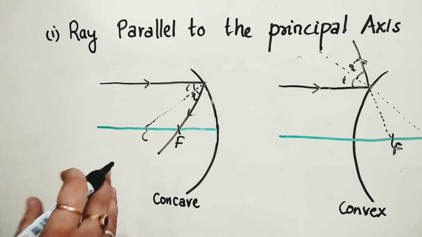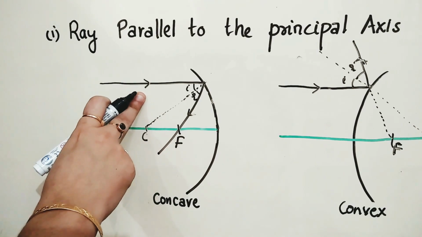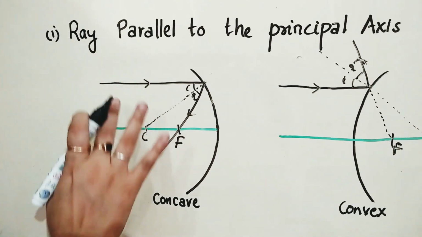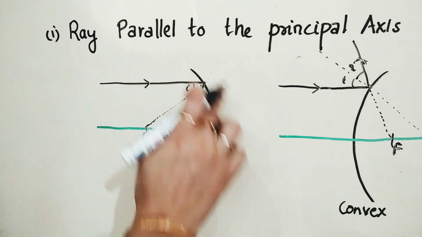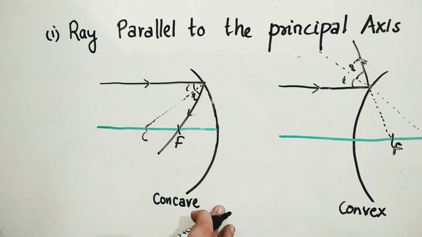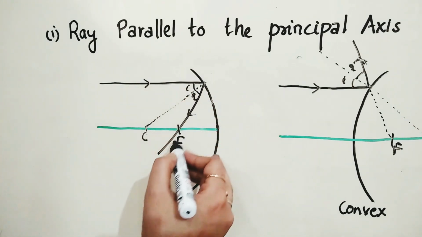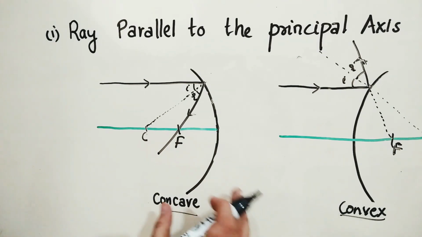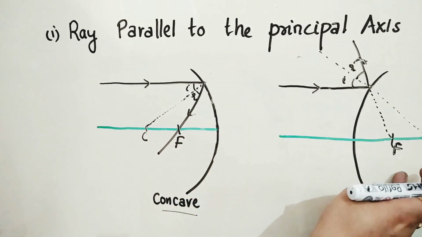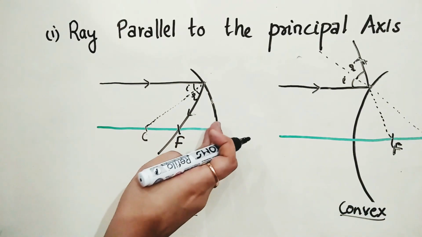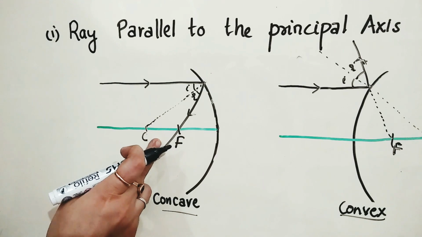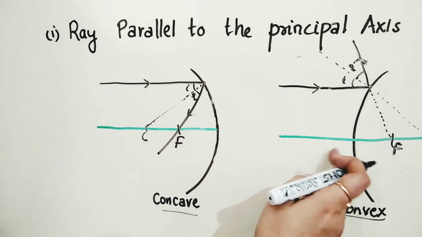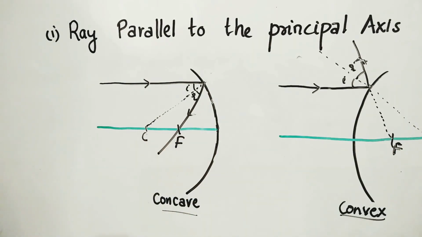While discussing the rules, we are only taking one ray here, because we are just discussing how a ray behaves when it hits the spherical mirror. When it passes parallel, it passes through the focus, same in the concave case and same in the convex case. The only difference is in the diagram. In the first case, the focus is in front of the mirror, whereas in the case of convex, it is just behind the mirror.